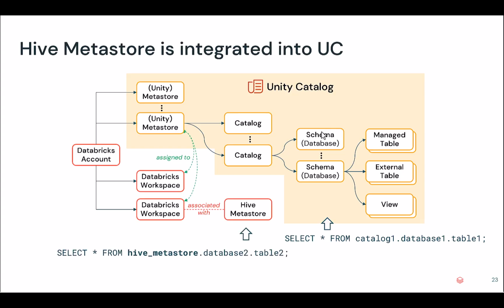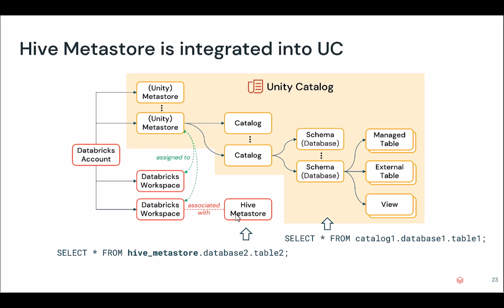And also we discussed Hive Metastore. Anytime you create a workspace, you have, for example, Hive Metastore already given to you for backward compatibility. Any Databricks workspace, and we understand that this Hive Metastore belongs only to that workspace, right? Whereas the Unity Catalog or the Unity Metastore can be associated with any different workspaces.